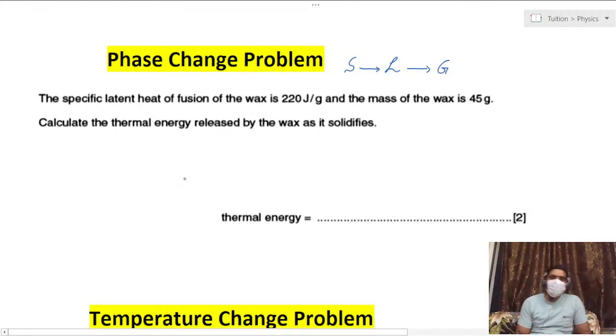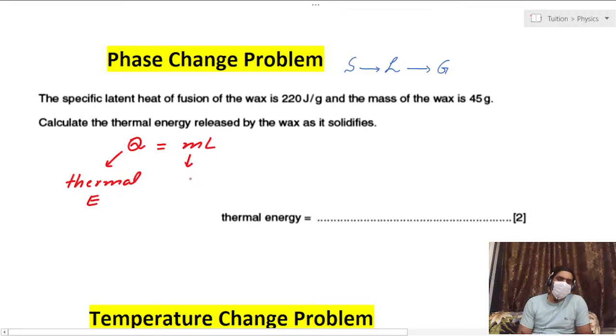In these kind of questions, you have a formula that you apply straight away. Q equals ml. What does Q stand for? In that case, Q stands for heat energy or thermal energy. M stands for mass.